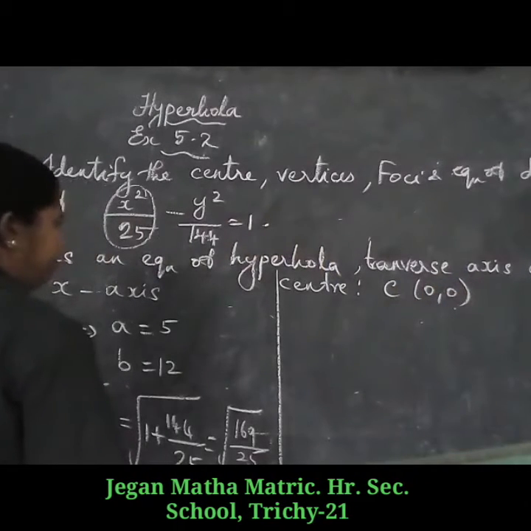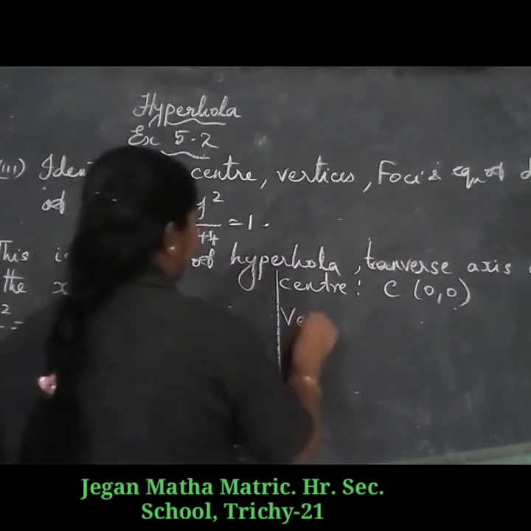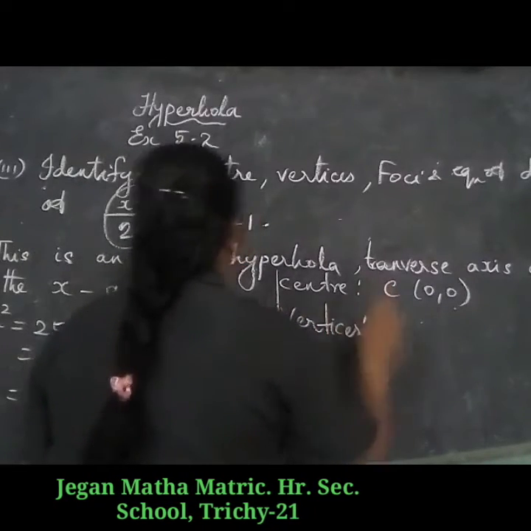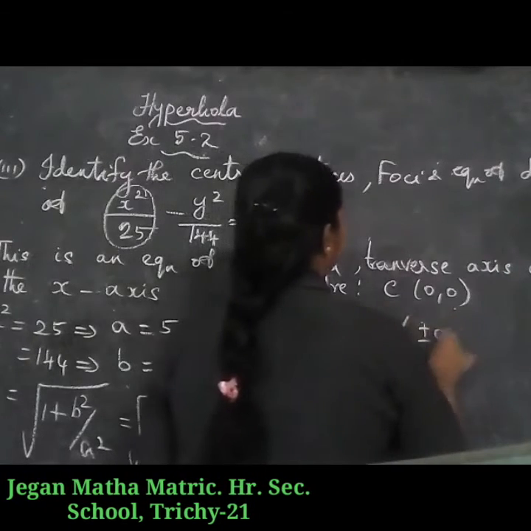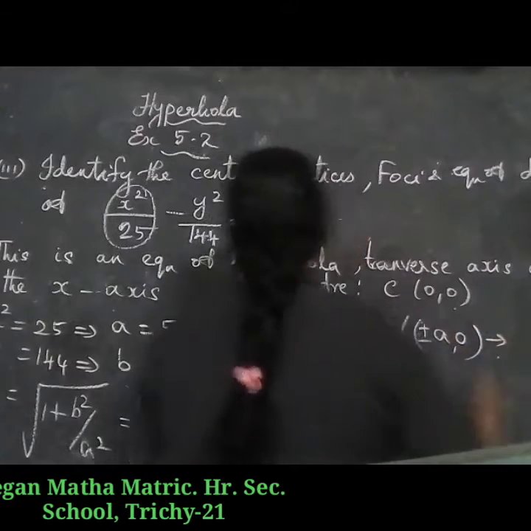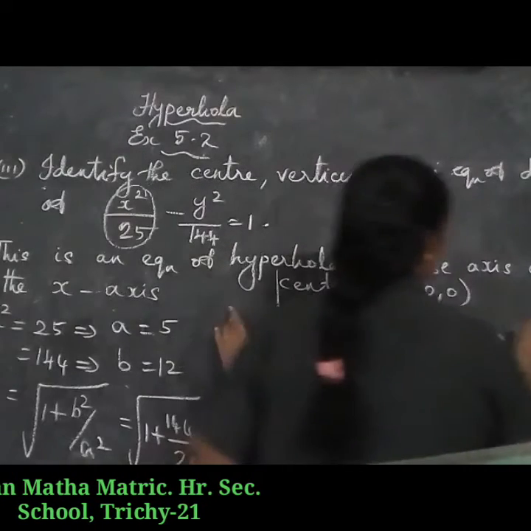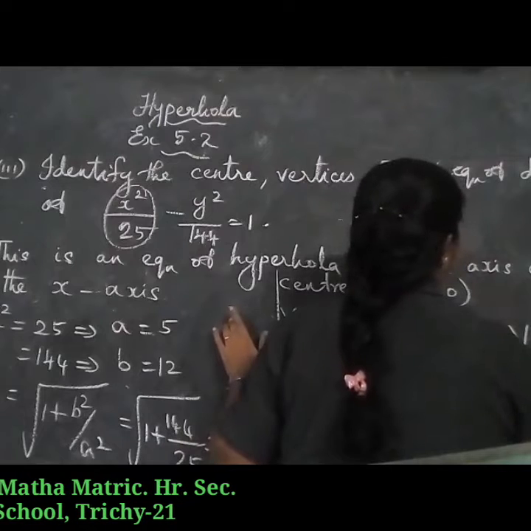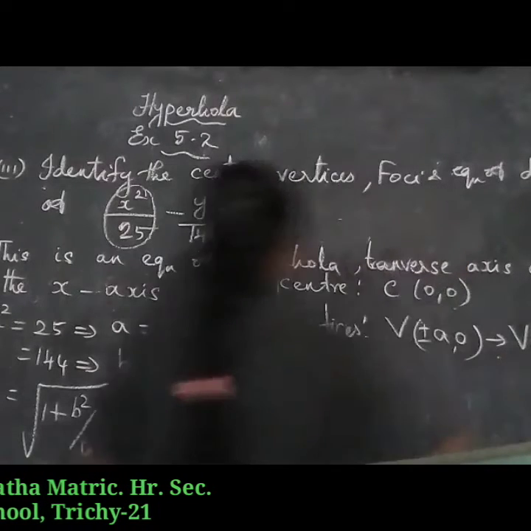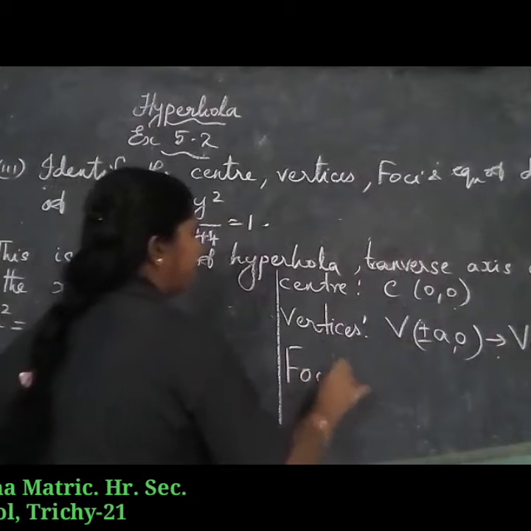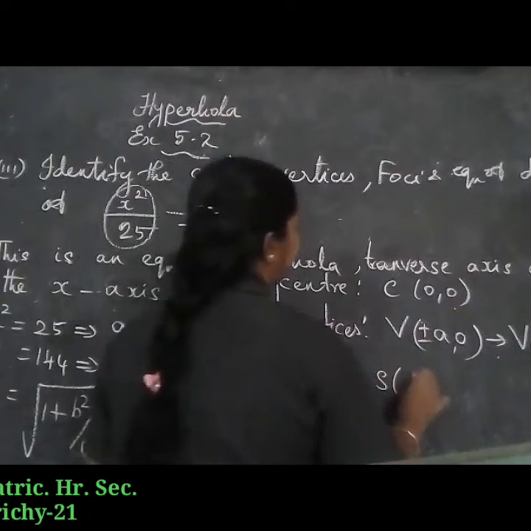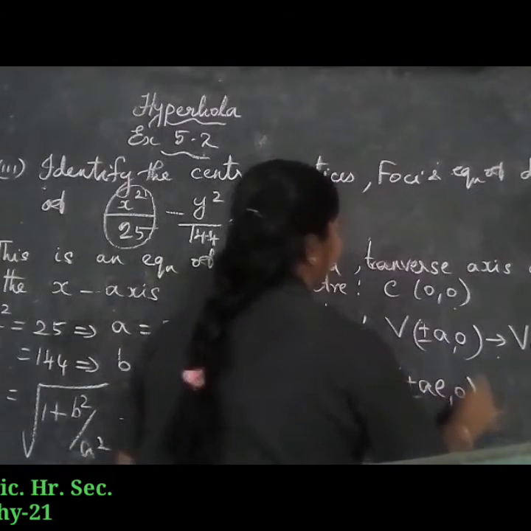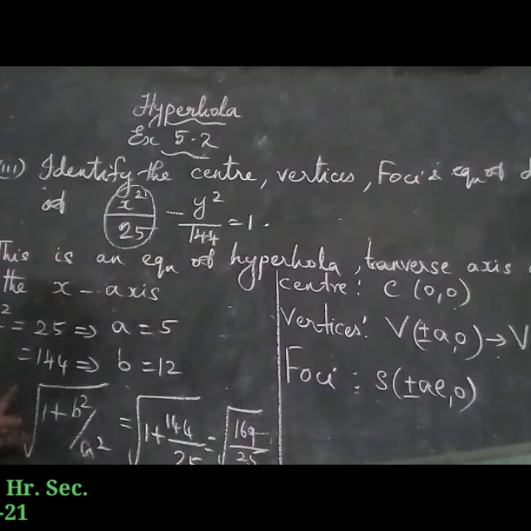The next one, we have to find the vertices. Vertices formula is plus or minus a, 0. Here the value of a is equal to 5. The required vertices are plus or minus 5, 0. Third, we find the foci. Focus formula is plus or minus ae, 0. Already we have the value of e, and a is there.